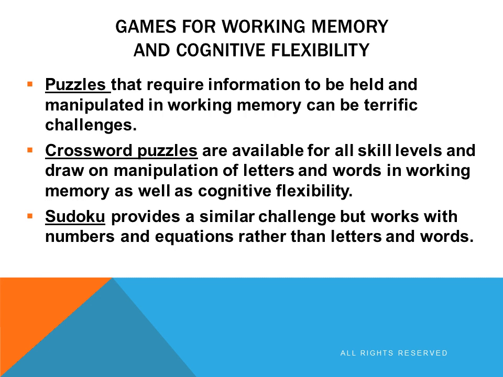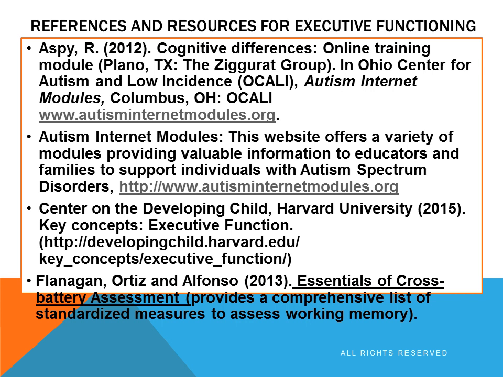Some additional resources are puzzles that you can use, crossword puzzles, and some of your students with autism may be very good at this, and encourage that, and that may be their preferred task, and that may be their break time activity. These are also things that you can use to build cognitive flexibility.